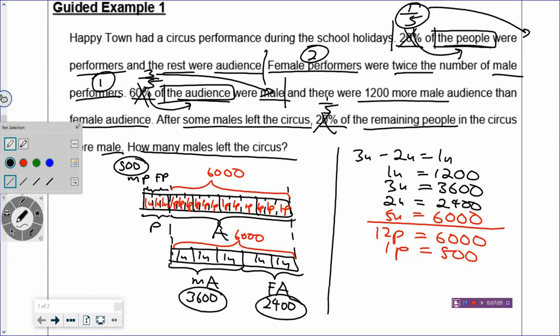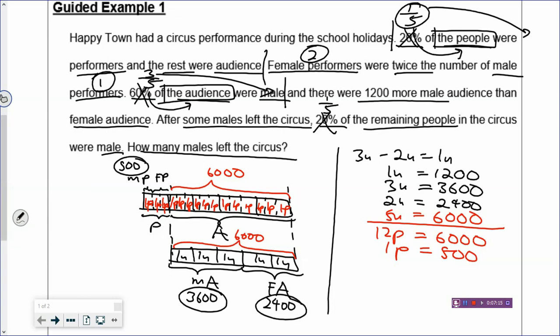Okay, let me just fix that, parts, right, there's a writing error. So 1 part of male performers is 500, and 2 parts of female performers is 500 times 2, that'll be 1000. So you have 1000 female performers.